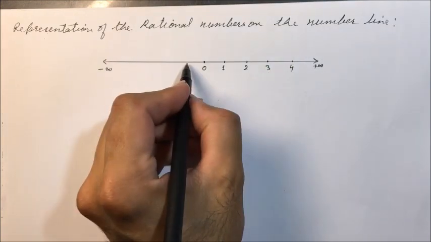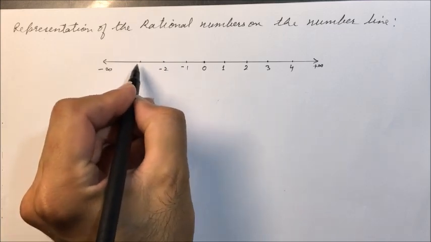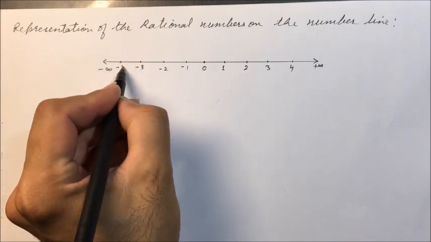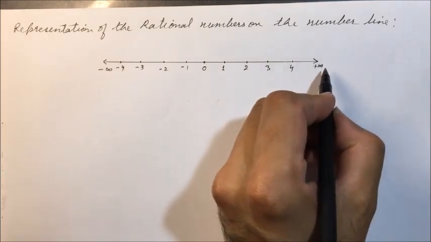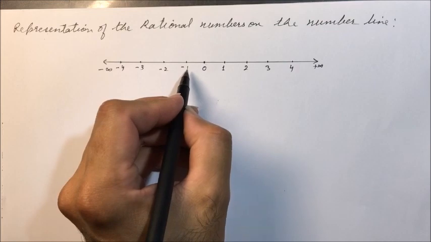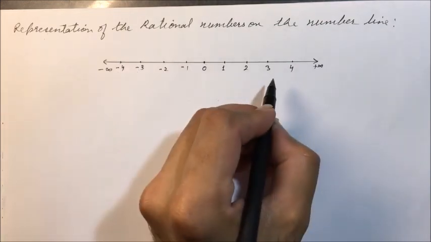Similarly on the left side, -1, -2, -3, -4. So these are the integers we have marked: 0, 1, 2, 3, 4 up to infinity, and -1, -2, -3 up to minus infinity.